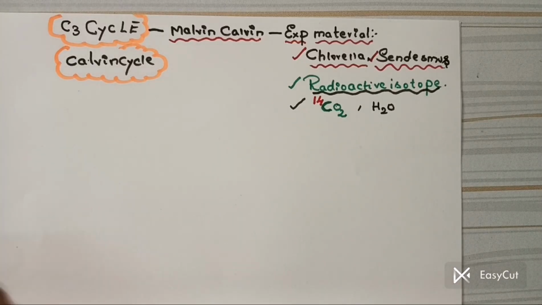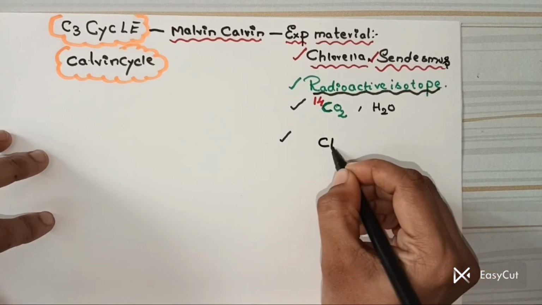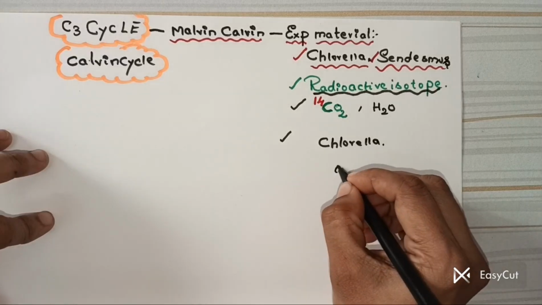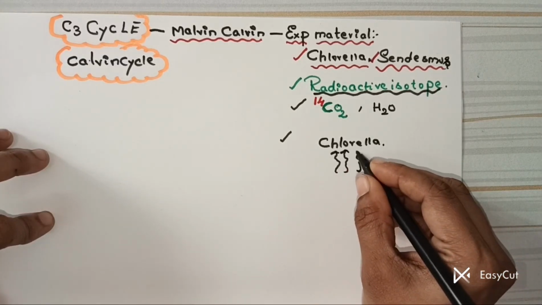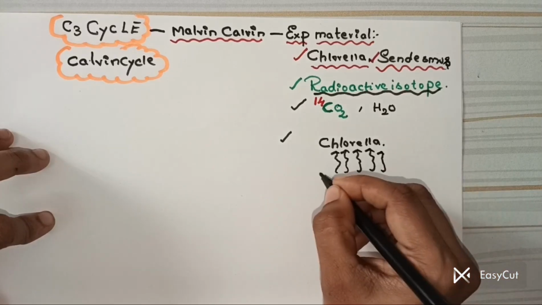I'll explain in a very easy way. For the chlorella, he provided carbon dioxide, which is a radioactive isotope. Listen carefully.